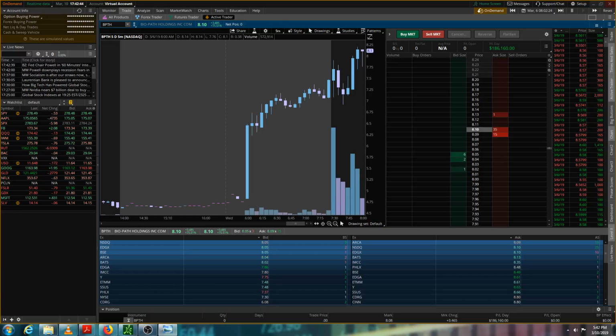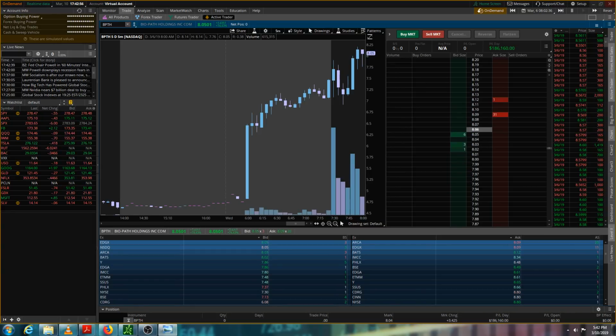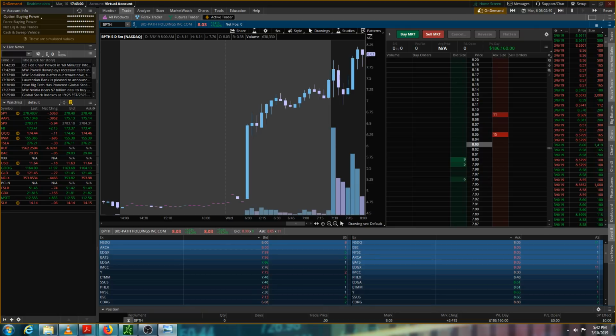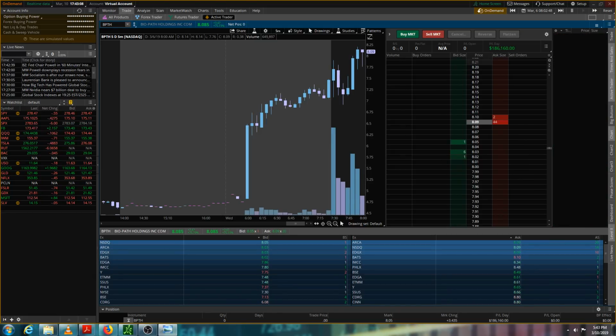Honestly, at this point, especially because I'm relying on this income, this is what I do and I don't have anything else, I'm only going to be taking A plus, A, maybe A minus trades. On the occasional B plus, I might dive in. I know for everybody that's going to have a different meaning, so I'm not going to get too much into what mine are, but eventually you'll figure that out for yourself.